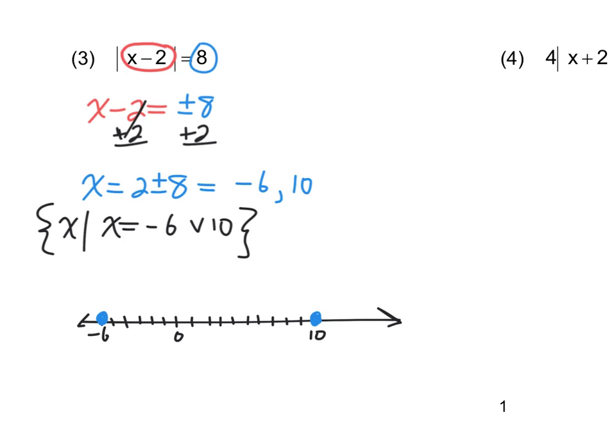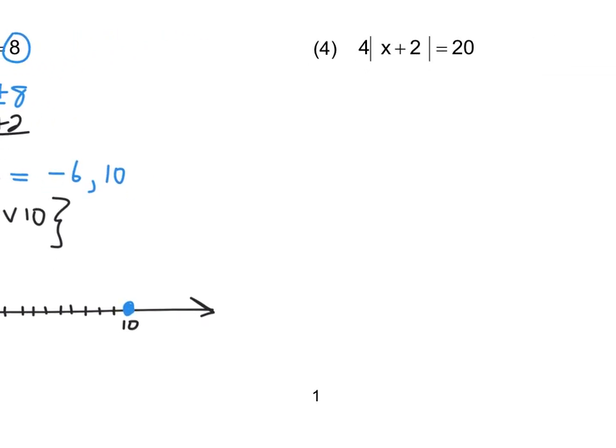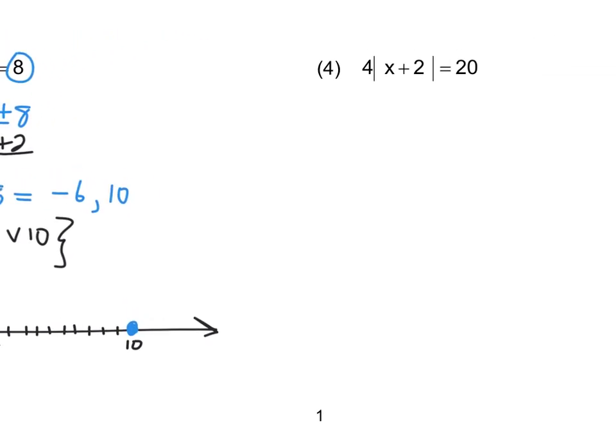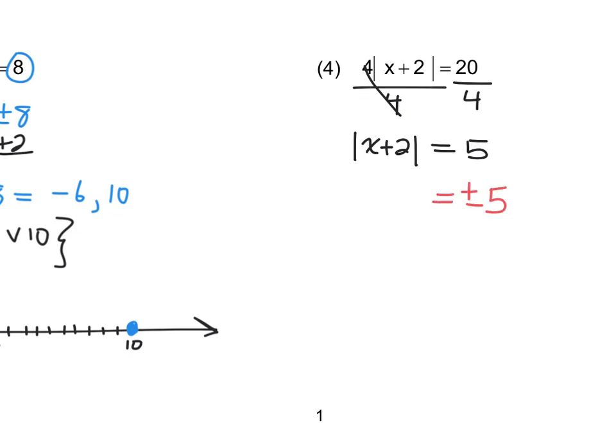All right, what do I do in number 4? What's my first move? Divide by 4. So I'm looking at absolute x plus 2 equals 5. Next move? Plus or minus 5 on the right-hand side. What's on the left?